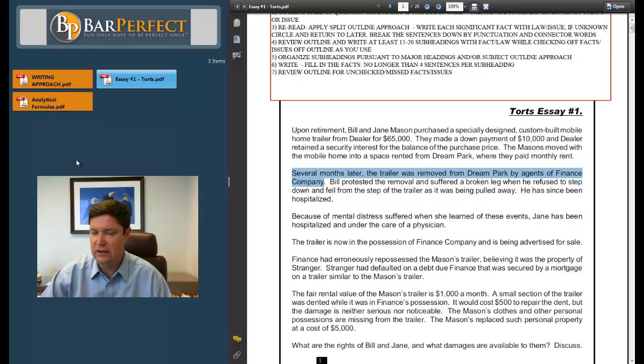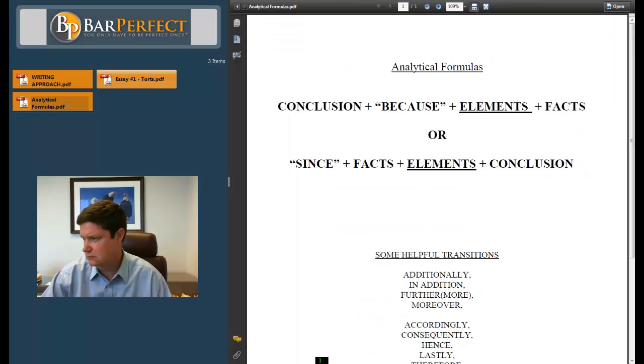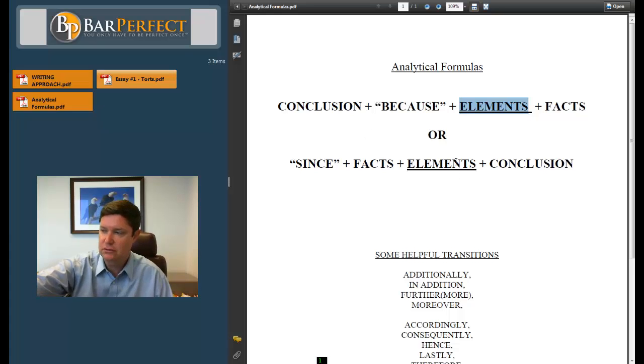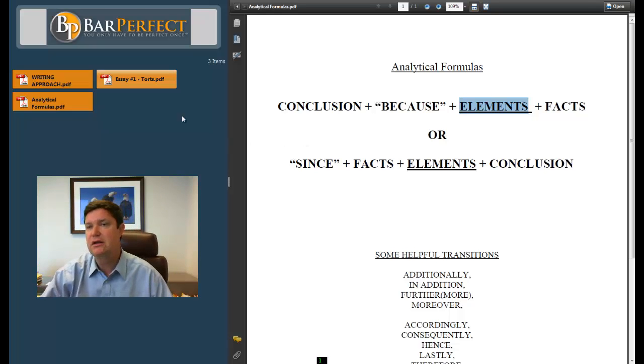Finance is liable for the actions of Dream Park because they are the employees or agents thereof of finance. So it's liable under respondeat superior for negligence or any actions because they're the agents or employees, and it states agents. So agents kind of is redundant, but that's what it takes.